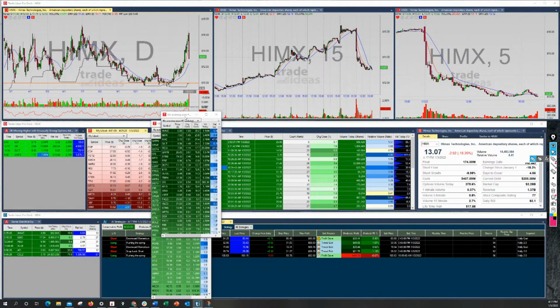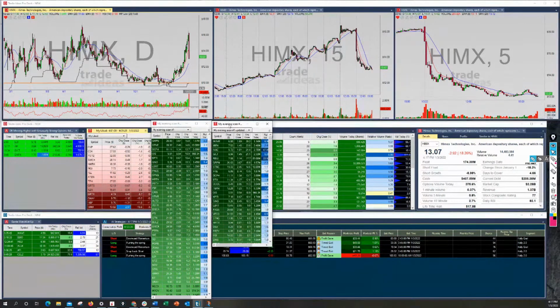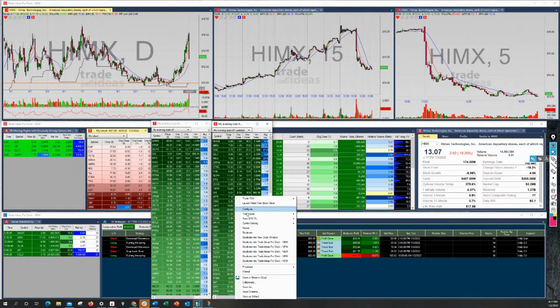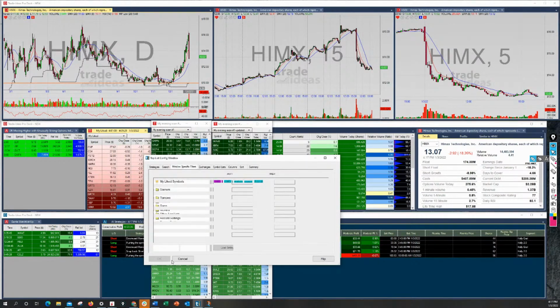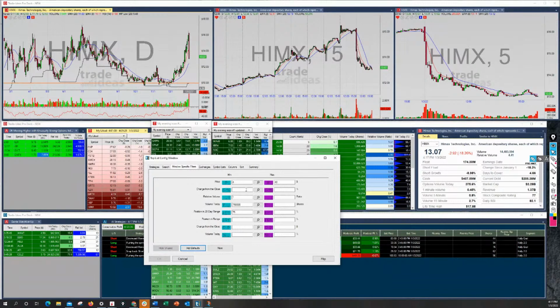And I, of course, readily share these with anybody that wants them. There's no secret sauce in this. There's nothing special. I find setups that I like, and that's what I go with. So this one here, now I'm looking at stocks between 4 and 40 instead of 4 and 30.